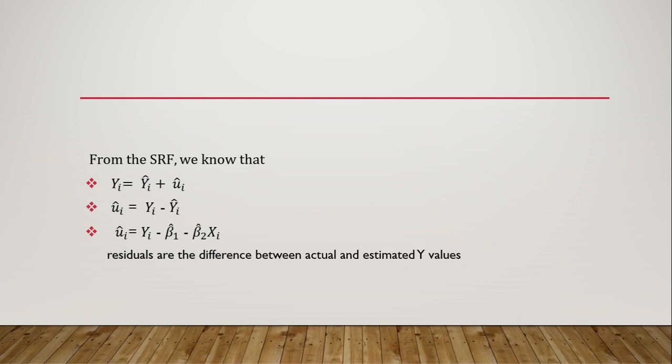So residuals are the difference between actual and estimated Y values. The residual term ui hat is the difference between the actual Y observation, indicated by Yi, and the estimated Y value, denoted by Yi hat.